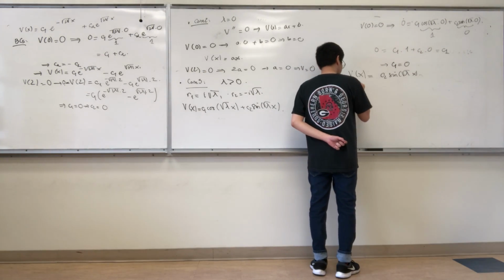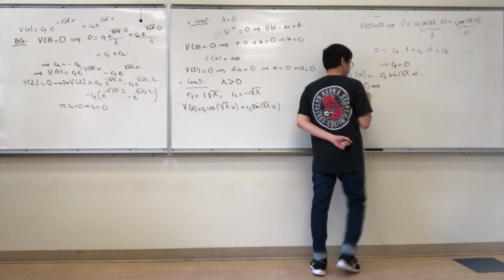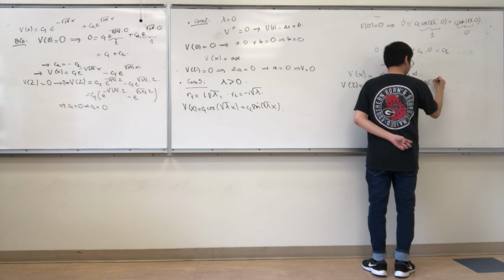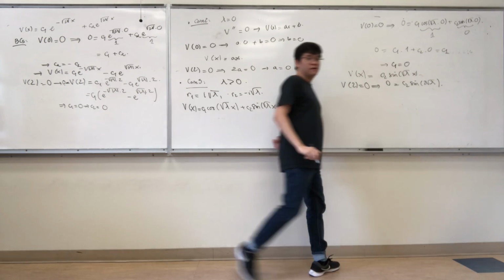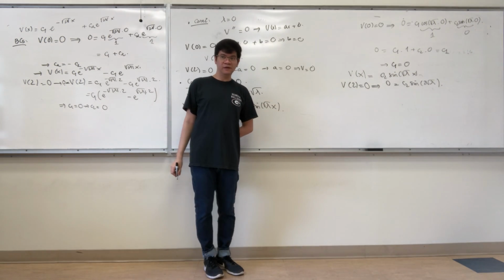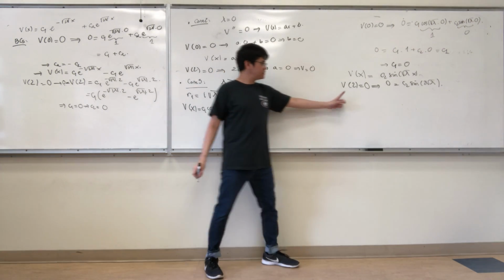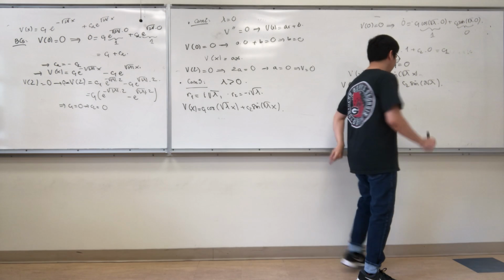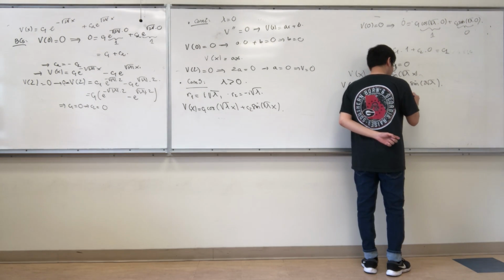Right? Now I'm going to use the second boundary condition. Right? v of 2 is 0, which means that 0 is C2 sinus of 2 square root of lambda. So 2 square root of lambda will be n pi.